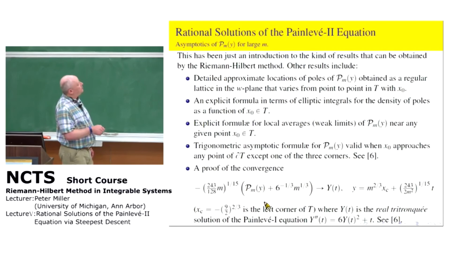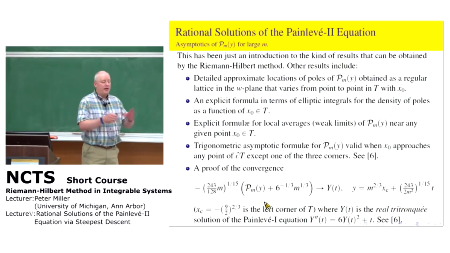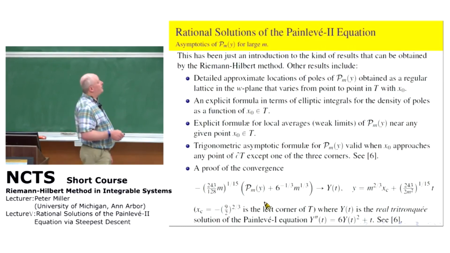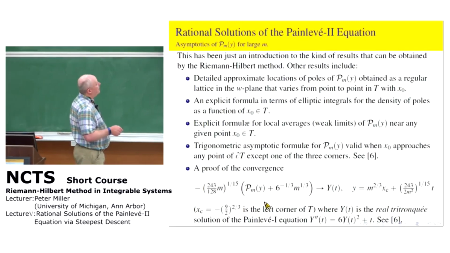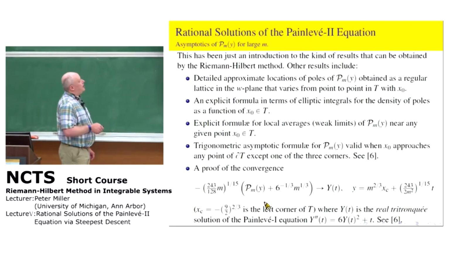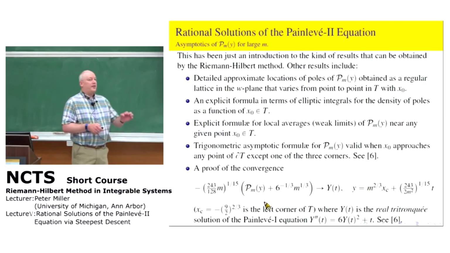Also, there's an explicit formula in terms of elliptic integrals for the density of poles as a function of x naught in T. So if you're only concerned about how many poles there are in some domain inside of that triangle in the limit when epsilon goes to 0, there's a formula that you can get in terms of elliptic integrals. In a similar way, the thing about a function with simple poles is that you can integrate it in 2 dimensions.